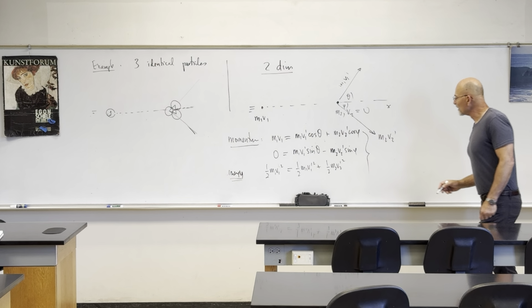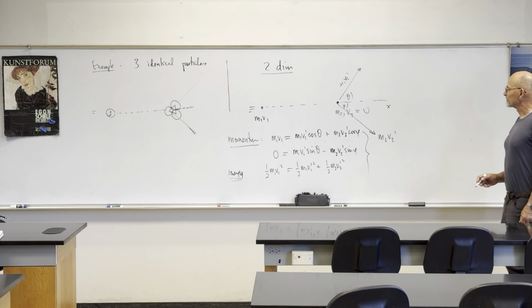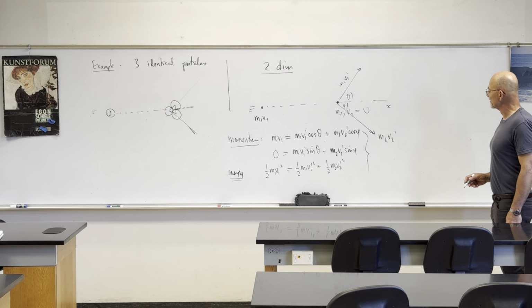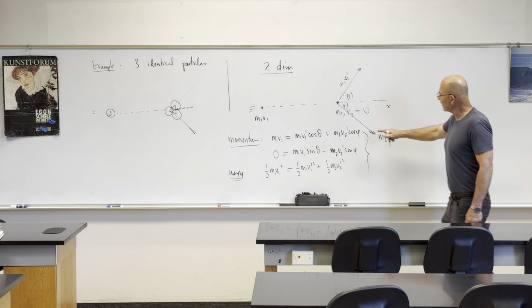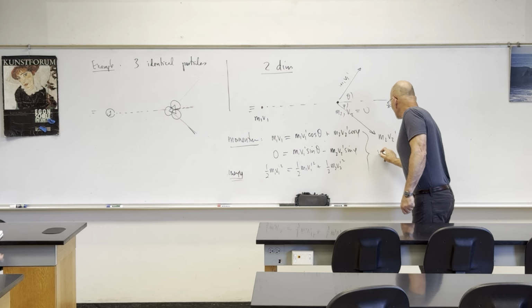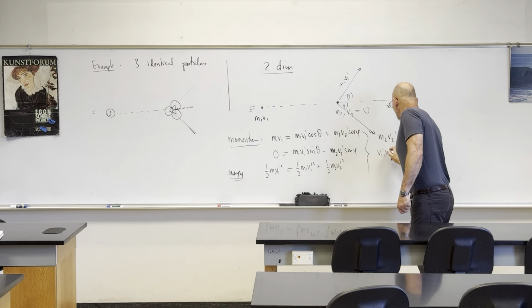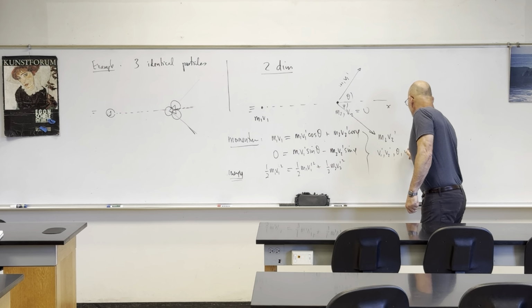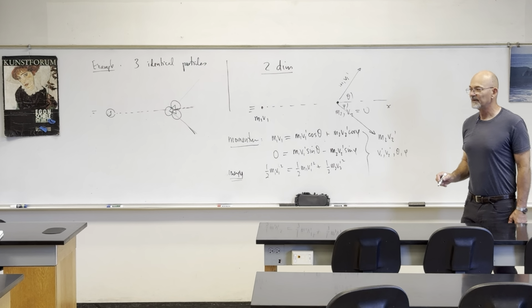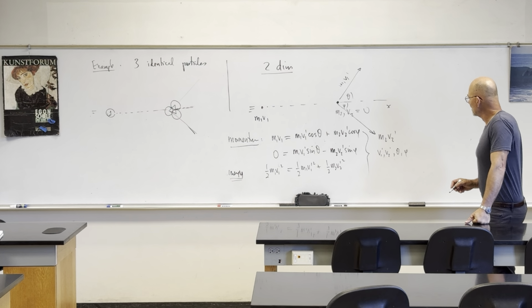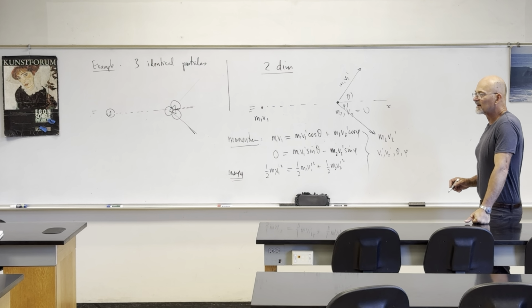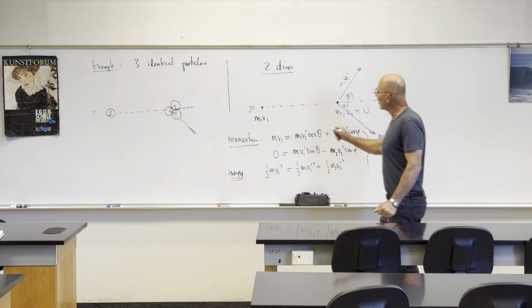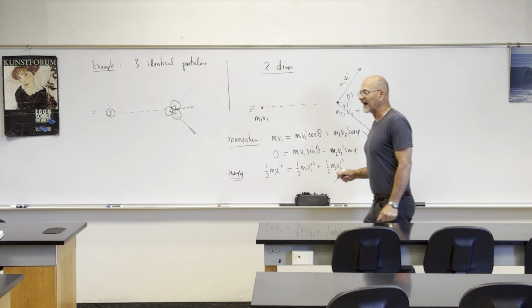So what are the unknowns after the collision? We have 3 equations, but V1 prime, V2 prime, theta, phi are all unknown. So we can't know all 4 of them just from this calculation, because we're just sending point masses at each other.